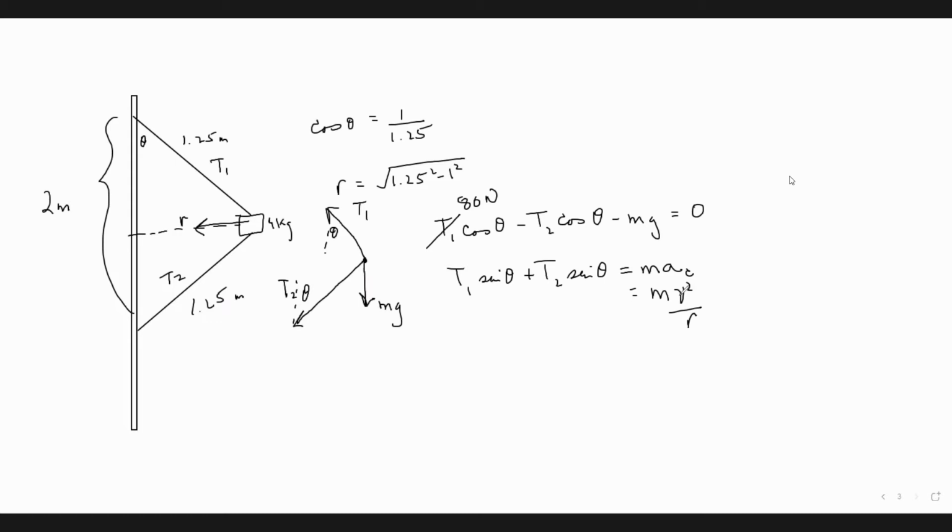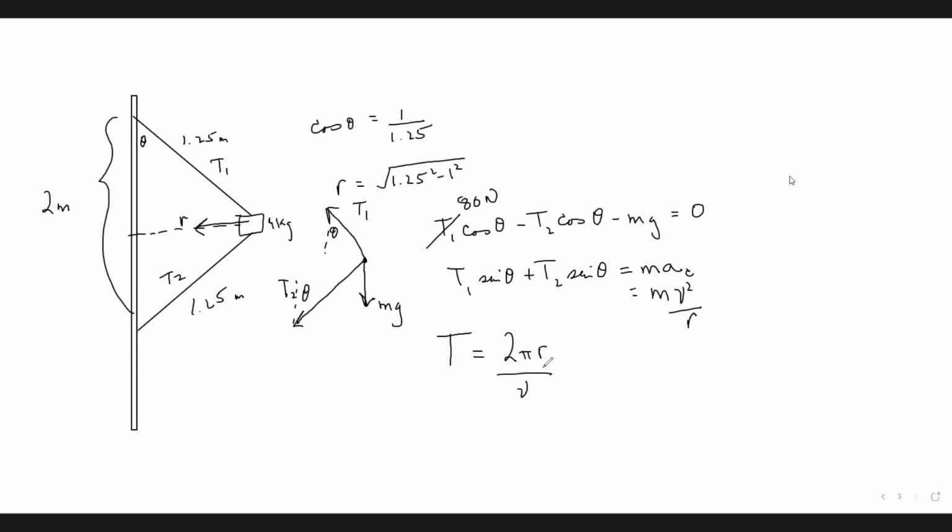Now it wants to know how many revolutions per minute the system makes. Well, what is the period of the motion, capital T? How long does it take to go around once? This is going to be equal to the circumference, 2 pi r, divided by v. Now we know the period.